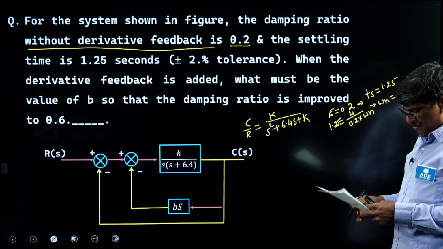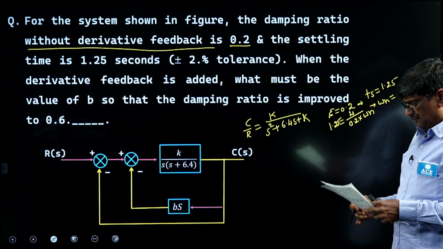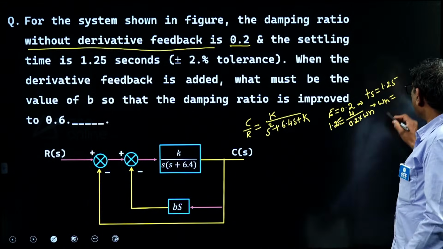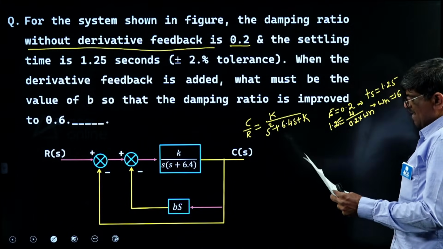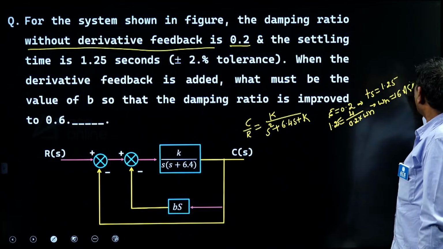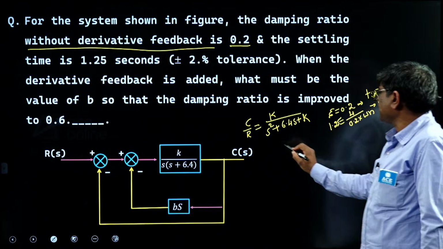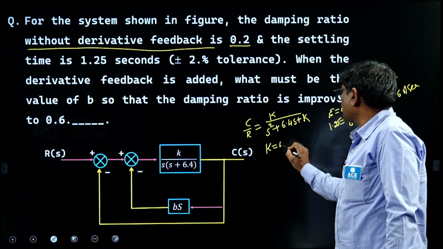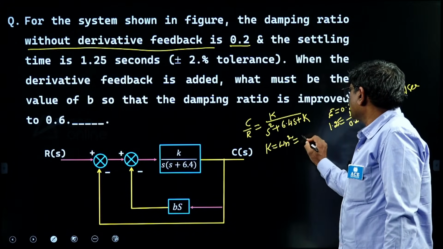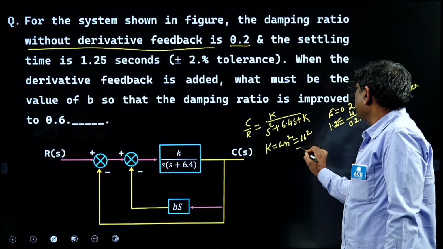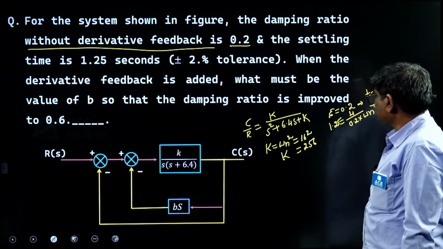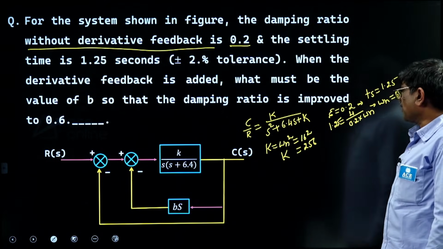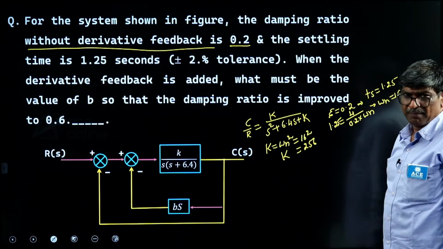What is the value of omega n you will get? Omega n equal to 16 radians per second. Check it. That means K equal to what? Omega n square. So 16 square means K equal to 256. That only we required.